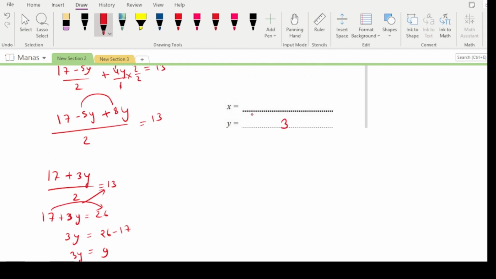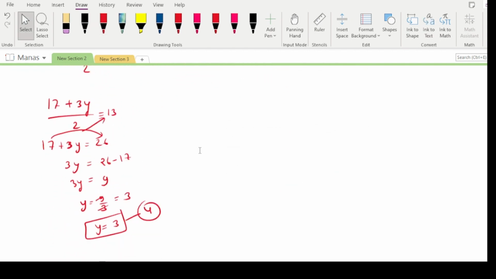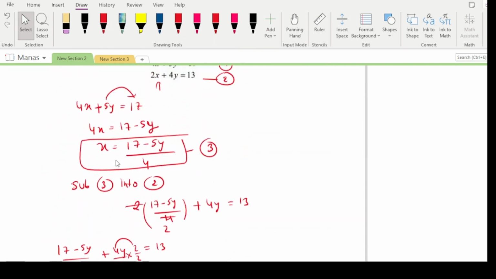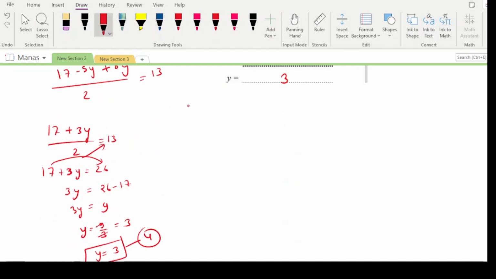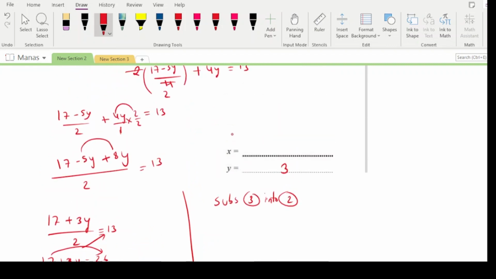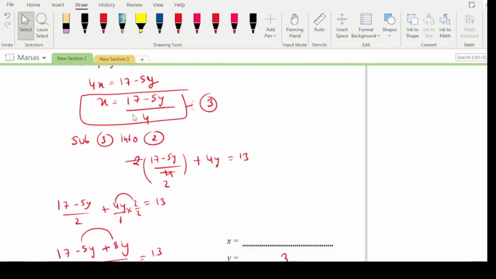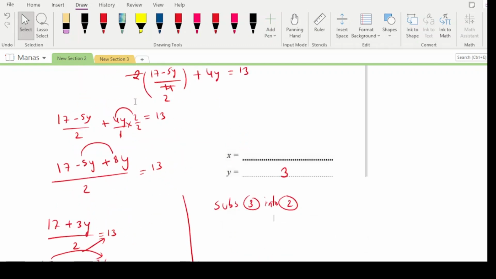Now you need to find x. How will you find x? Substitute this fourth into the third equation. I'm writing it here. Substitute fourth into third.